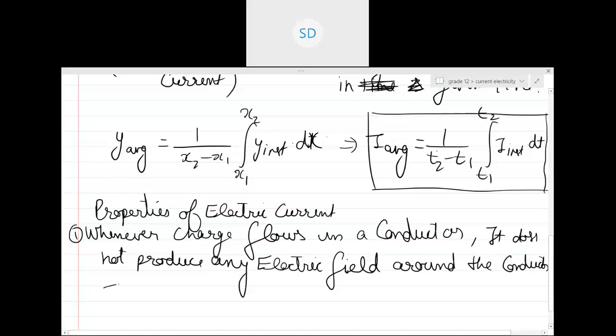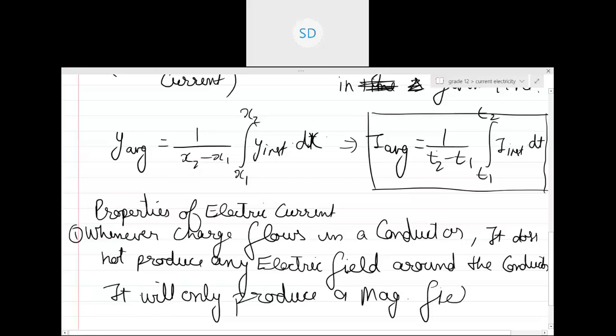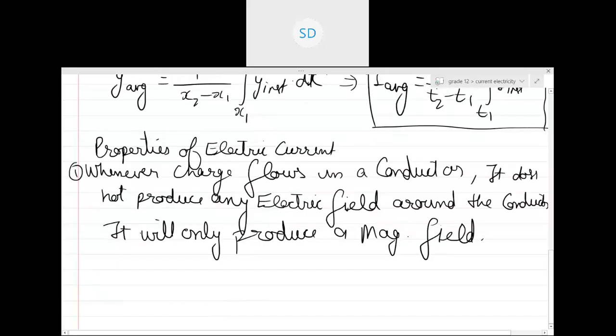It will only produce what kind of field? Magnetic field. It only produces a magnetic field. There is a reason behind this too, but we'll talk about that reason when we reach the third unit of physics.